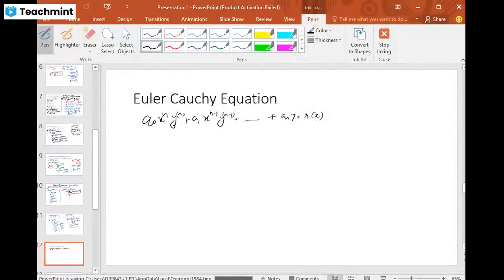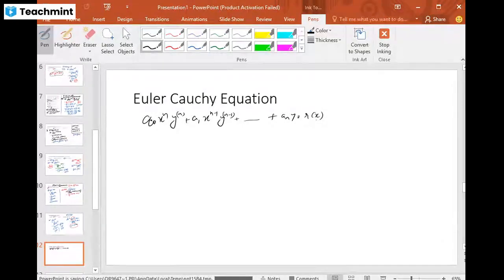It is a differential equation with variable coefficient, but the special thing is that the power of x and the order of derivative are the same in each term. So if we convert this into a differential equation with constant coefficient, we can find the solution easily by using the operator method.